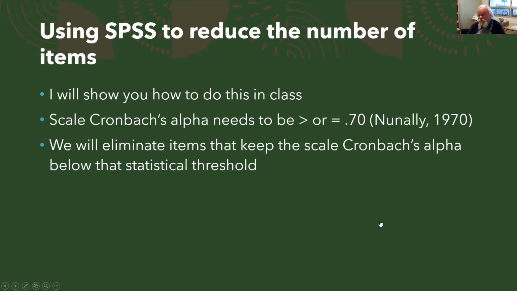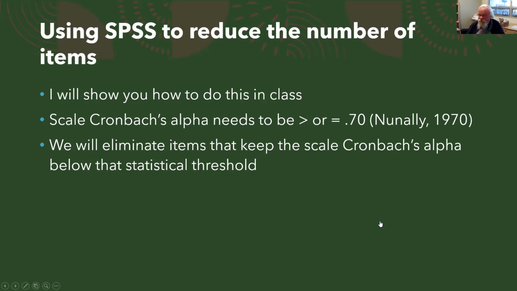But what we're going to be doing is a reliability analysis in this software program, okay? SPSS is a statistical software program. It's called Statistical Product and Service Solutions, or statistical analysis for the social sciences, okay?